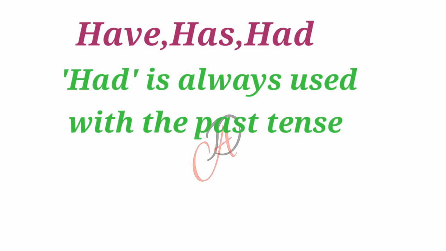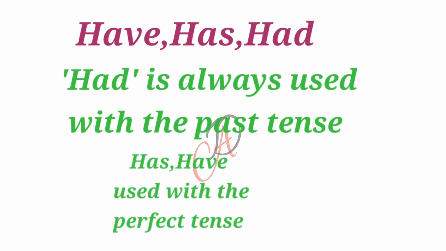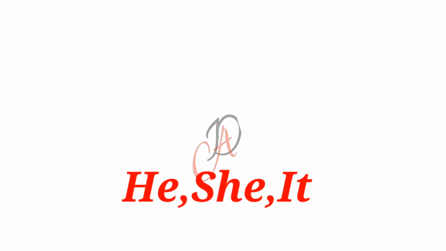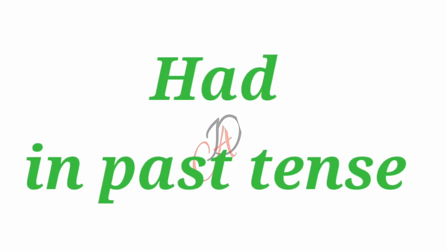And in the have forms, had is always used in the past tense, whereas has and have are always used in the present tense or perfect tense. We use have with I, we, you, they, and we use has with he, she, it, and obviously we use had with the past tense just like we use did in the do forms.